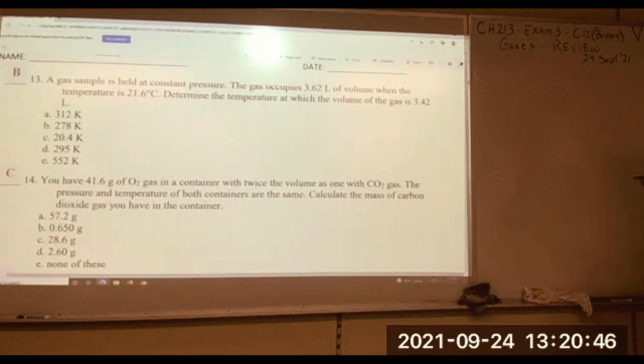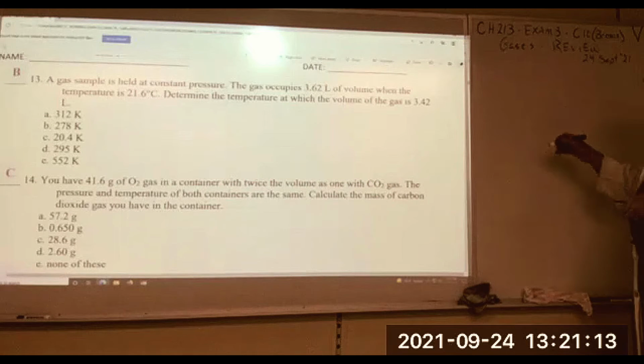How about, I wonder if this one might be good. You have 41.6 grams of oxygen in a container with twice the volume as one with CO2 gas. Okay, sometimes it helps to draw a picture.